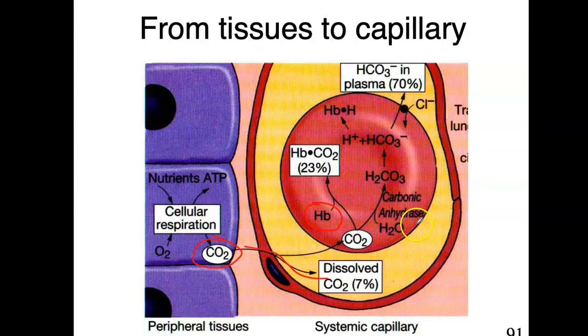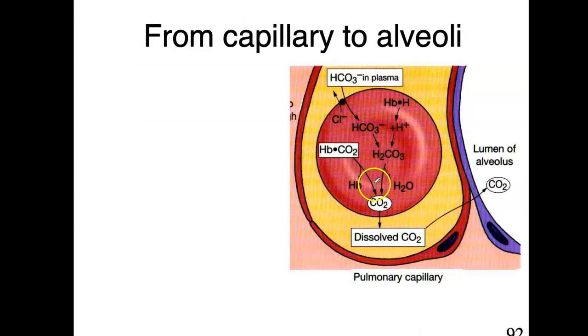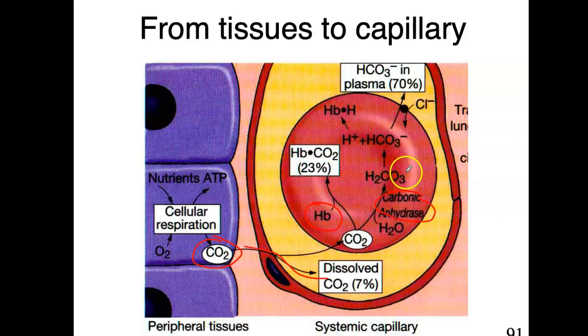But look what happens. With the use of this enzyme, carbonic anhydrase, this carbonic acid is going to break down into the hydrogen ion and the bicarbonate that we already saw in the formula. This bicarbonate then, through an antiport here, is going to escape the cell and be transported in solution, but not in the form of CO2, instead in the form of bicarbonate ion.